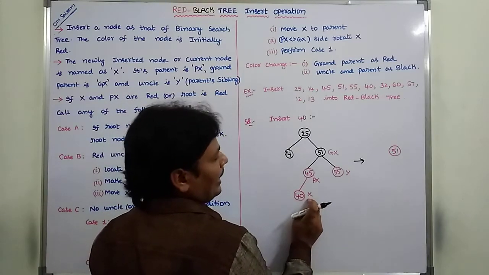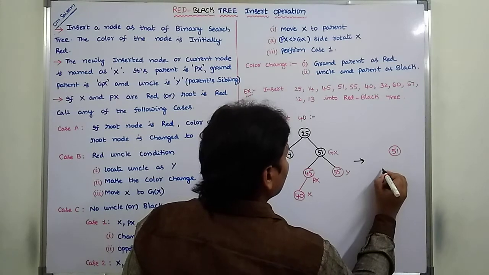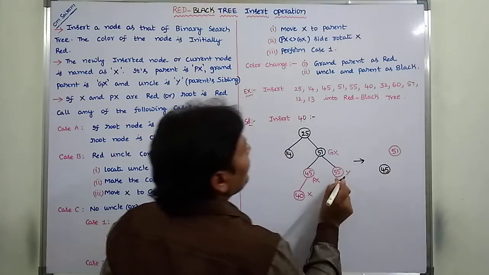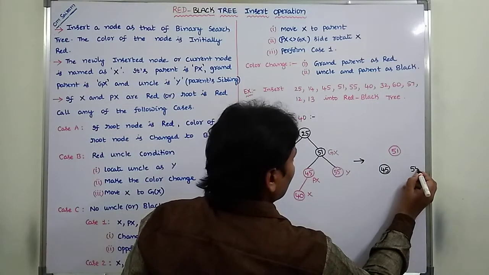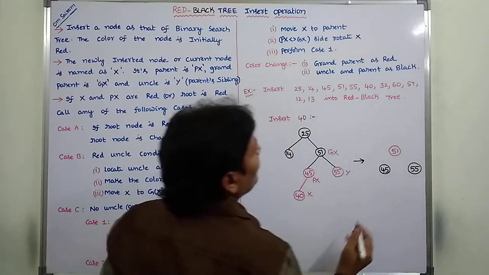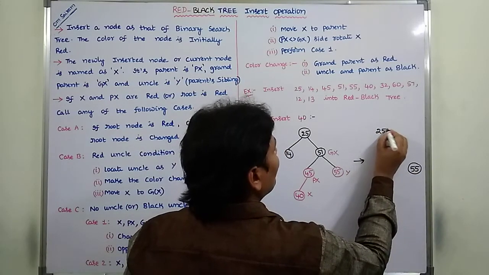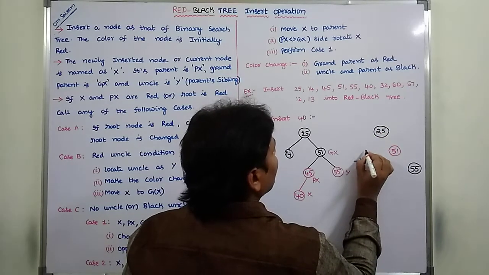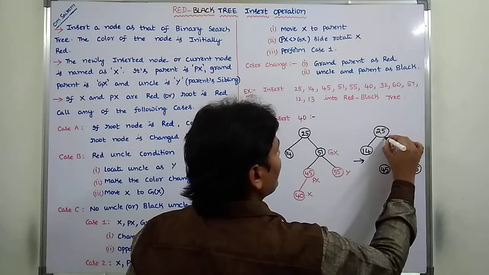Parent 45 is black, and uncle 55 is also black. And the remaining nodes, 25 and 14, have no change.